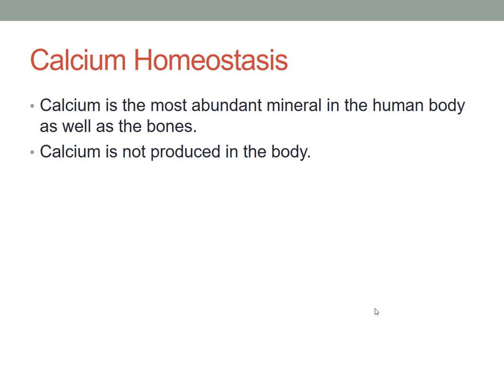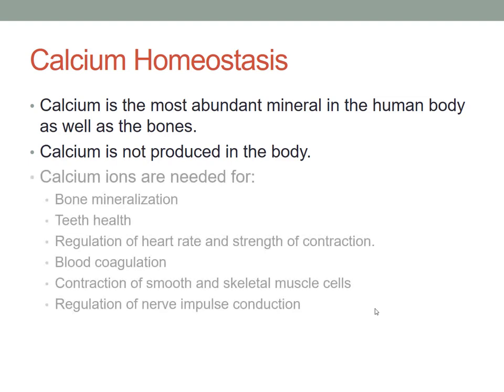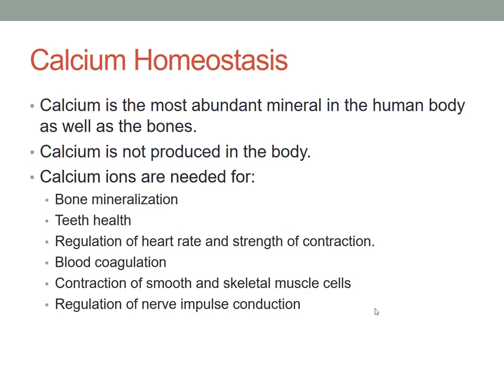Calcium is the most abundant mineral in the human body, as well as the bones. So that's something to keep in mind. Calcium is not produced in the body. Calcium ions are needed for bone mineralization, teeth health, regulation of heart rate and strength of contraction, blood coagulation, contraction of smooth and skeletal muscle cells, and regulation of nerve impulse conduction.